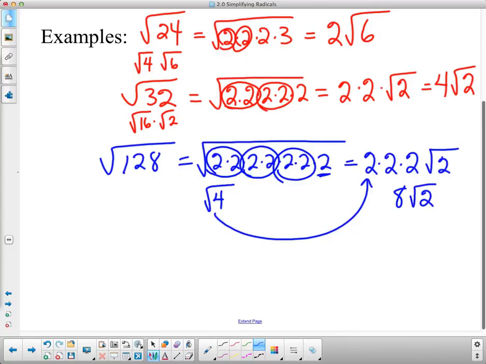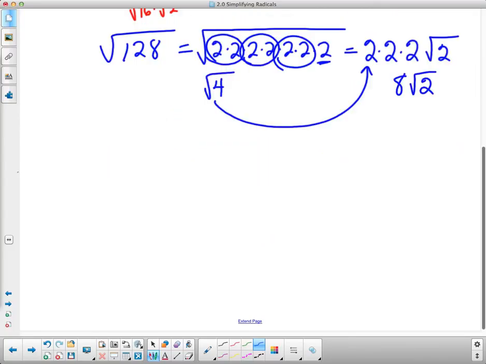Okay, let's do one more of this type before I throw in the next thing. Let's go with square root of, where should I go? 135. Simplify.